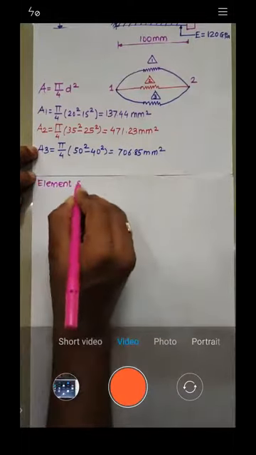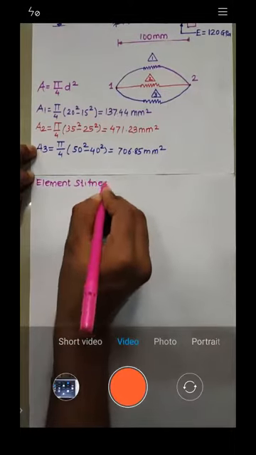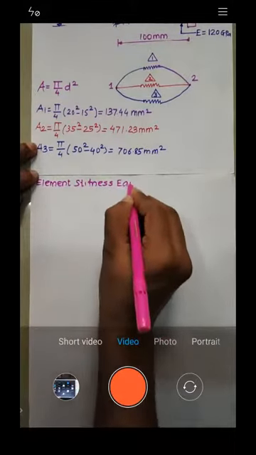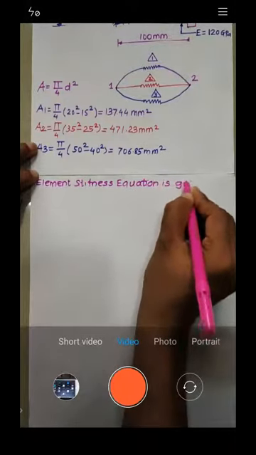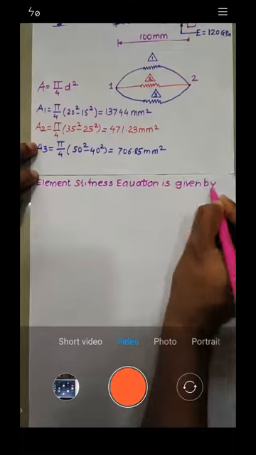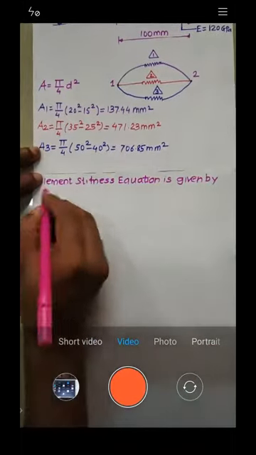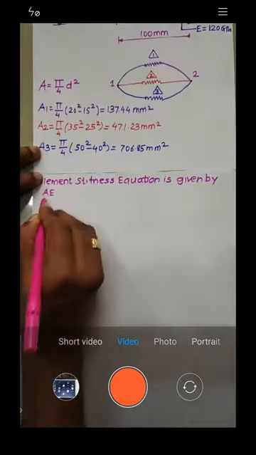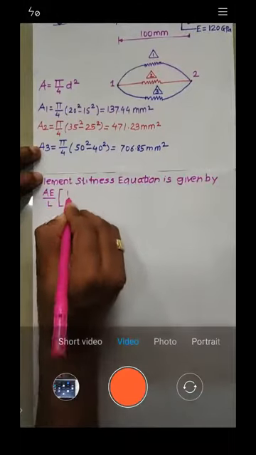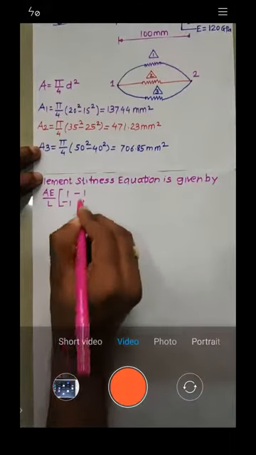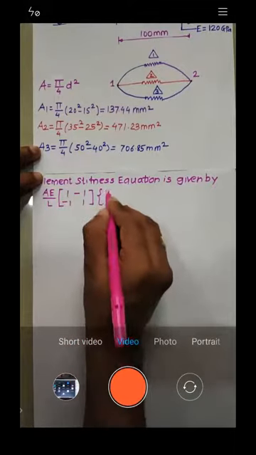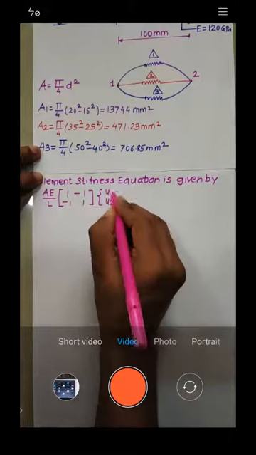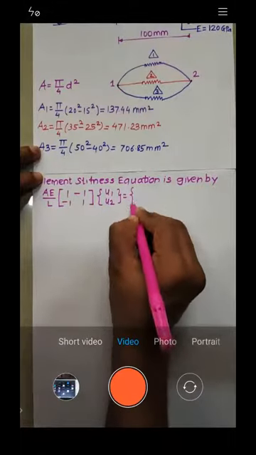Or I will just write down the element matrix equation first. The element matrix equation, for a bar under axial load, is given by AE by L, 1 minus 1 minus 1 1, into displacement, that is U1 U2, is equal to forces, that is F1 F2.